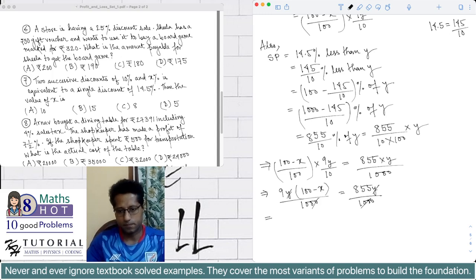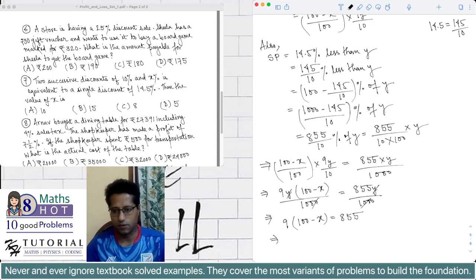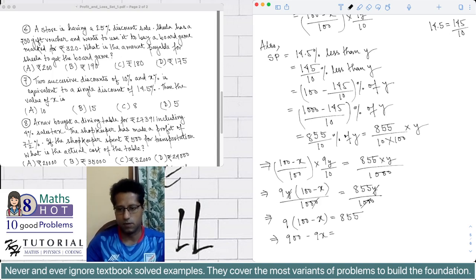So we get 9 multiplied by 100 minus x is equal to 855. This implies, simplifying the left hand side, we get 900 minus 9x is equal to 855. This implies 9x is equal to 900 minus 855, which is equal to 45.